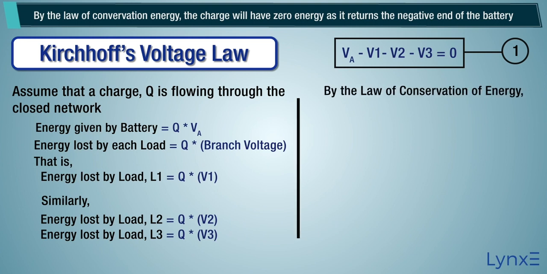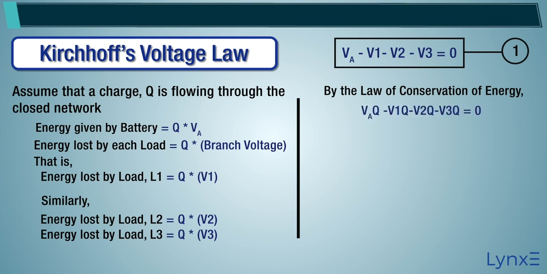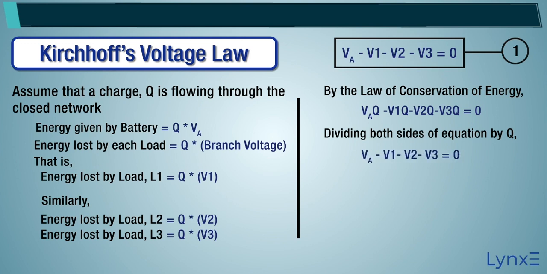By the law of conservation of energy, the charge will have zero energy as it returns to the negative end of the battery. That is, VA Q minus V1 Q minus V2 Q minus V3 Q equals 0. Dividing both sides of the equation by Q, VA minus V1 minus V2 minus V3 is equal to 0.